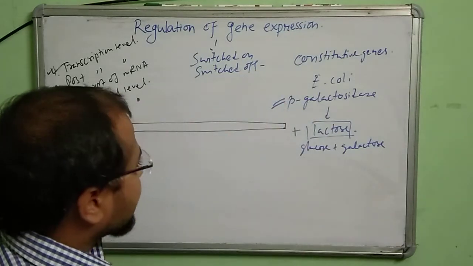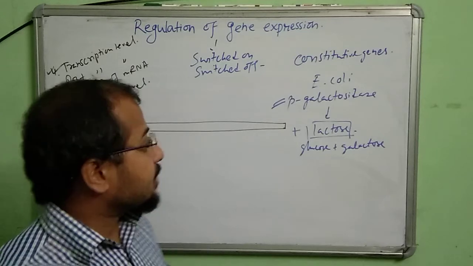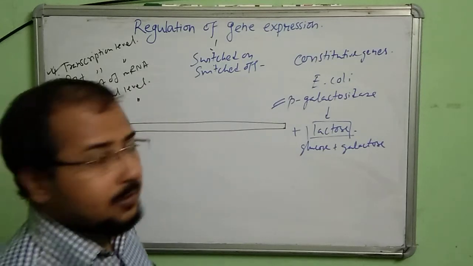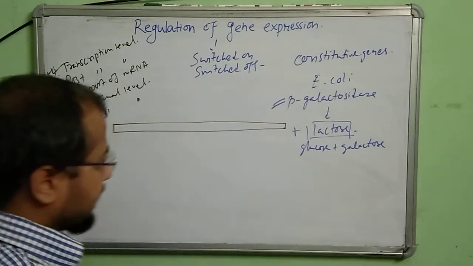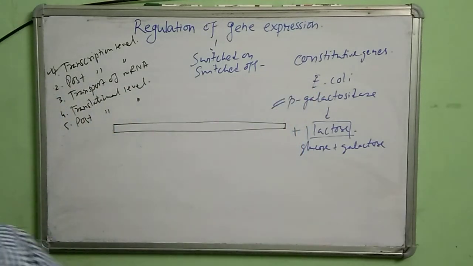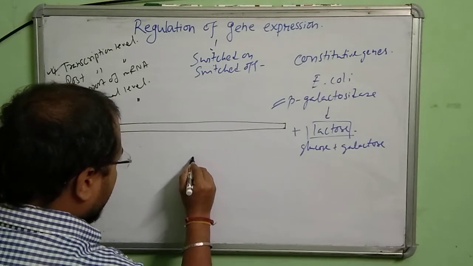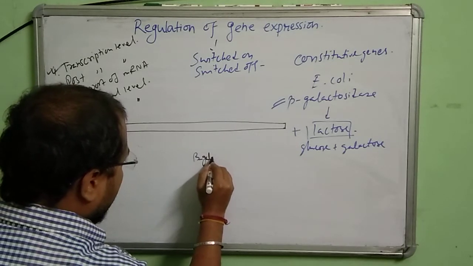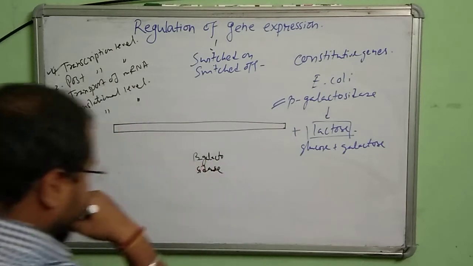But now what happens is that in prokaryotes we see 3 different types of enzymes which are actually responsible for the breakdown of lactose. What are those? Number one is definitely beta galactosidase. So let us write one by one. One is beta galactosidase. This is one enzyme.